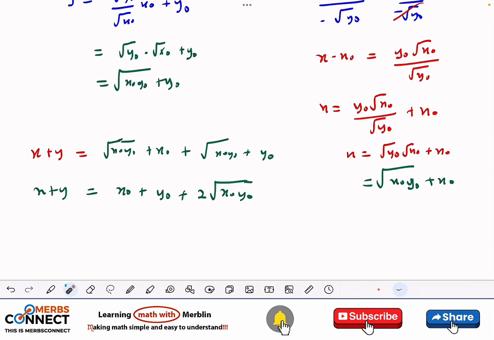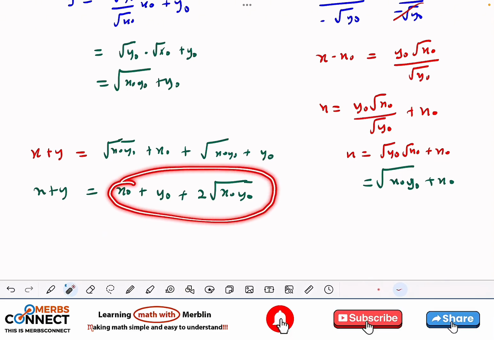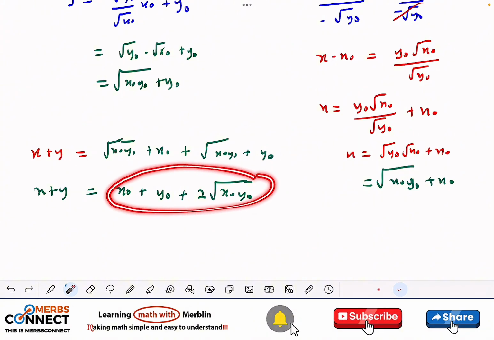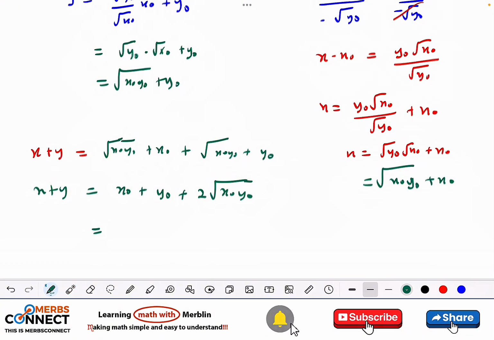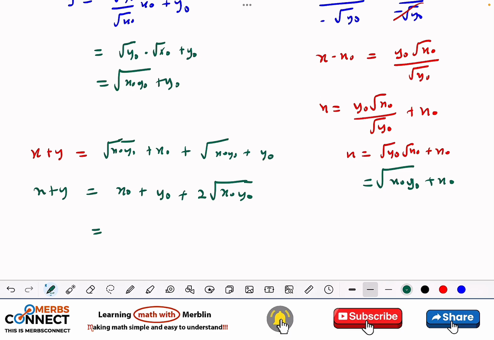Interesting. Now, how can you write this? Basically, this is the same as root of x naught plus root of y naught squared. Is that true?